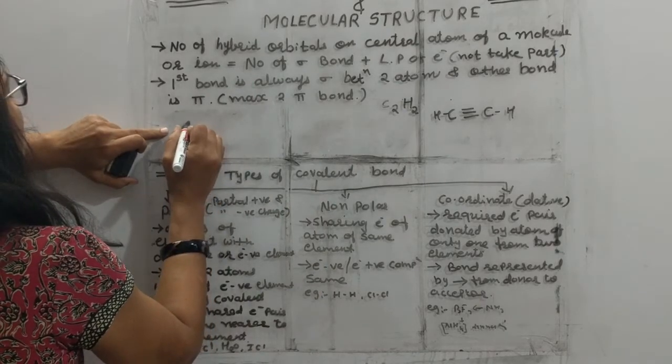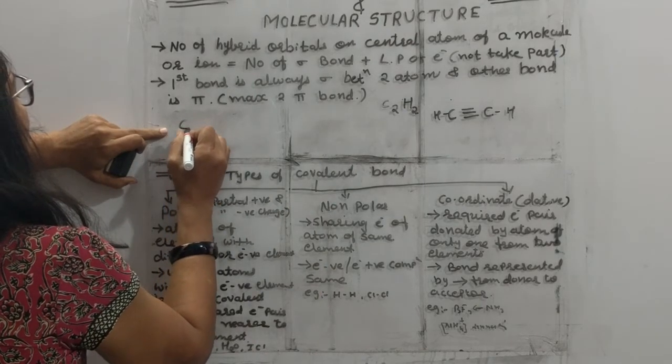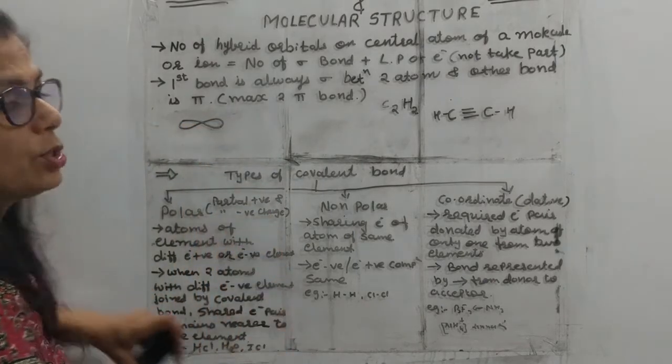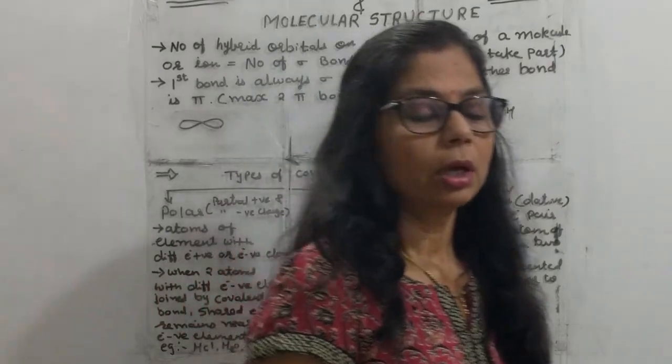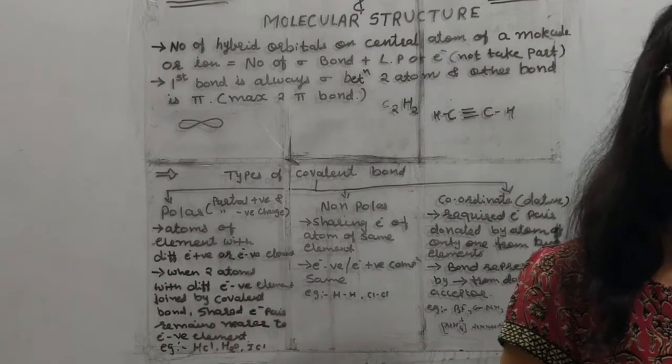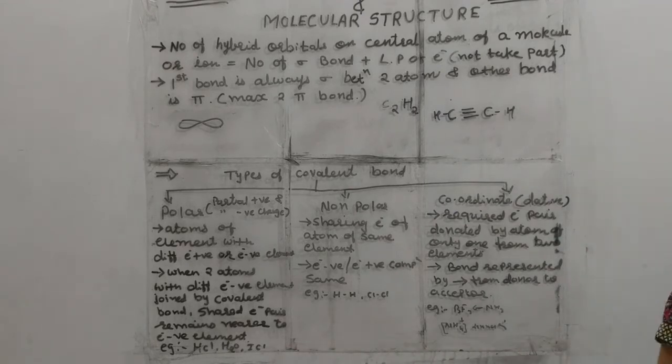Carbon has atomic number 6, with 4 valence electrons.